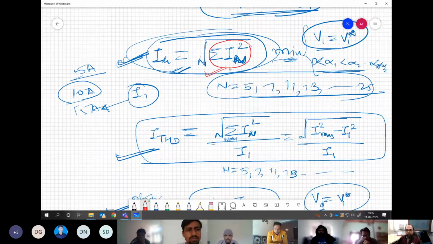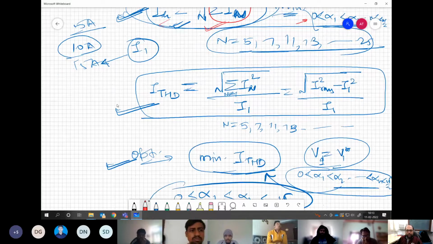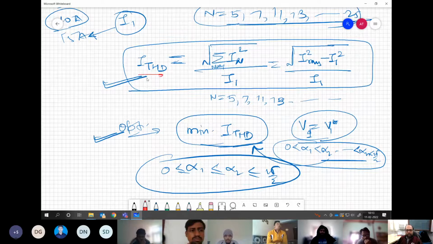So directly we can have the sum of all the harmonic currents getting minimized, with other conditions as they are. A better way to say this is that we are trying to minimize the total harmonic distortion in line current. The total harmonic distortion in line current is basically the sum of all the harmonics divided by the fundamental. So from here we see that there is dependency for both the quantities on load.